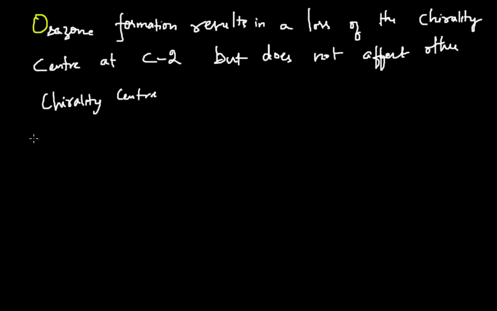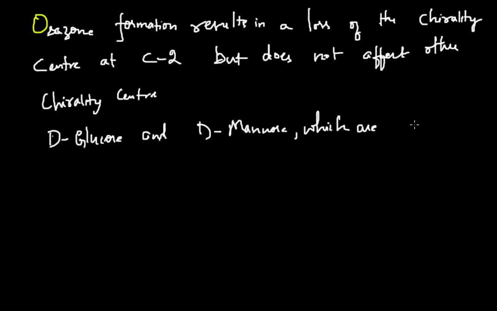For example, D glucose and D mannose, which are C2 epimers, yield the same phenyl osazone.